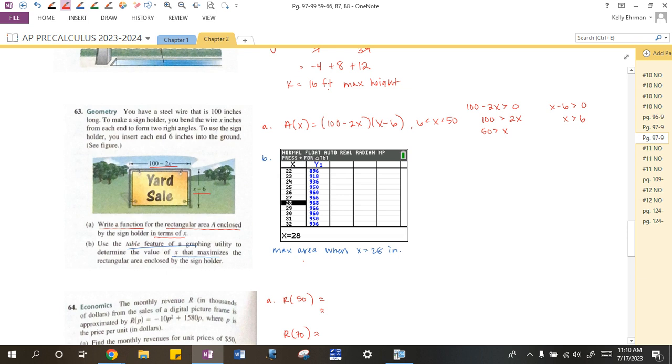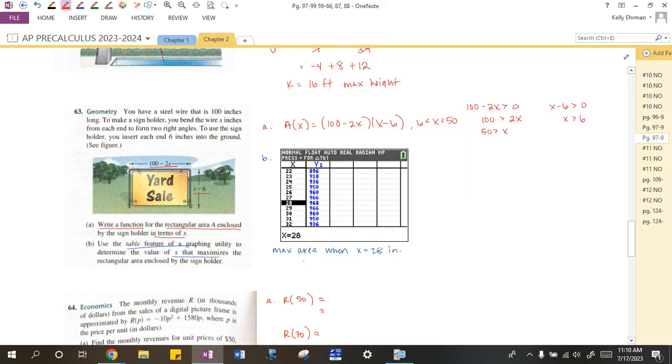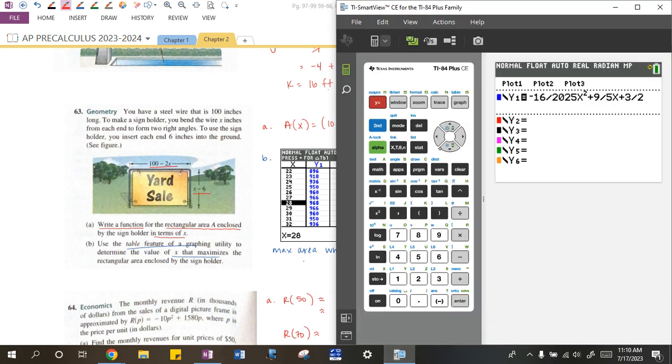This says use the table feature to determine the value that maximizes the rectangular area. So if your domain is 6 to 50, if you want to graph this thing, you can. But just know that somewhere halfway-ish between 6 and 50 is going to be the maximum. So I'm going to type this in. It was 100 minus 2x times x minus 6.